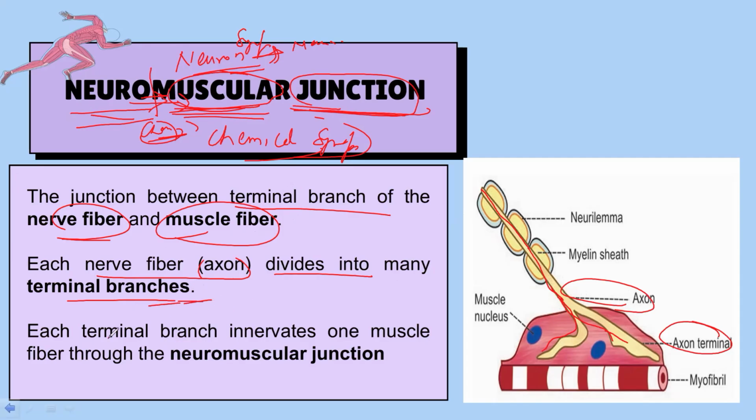And these terminal branches innervate one muscle fiber or muscle cells through this neuromuscular junction. This one is the muscle cell, and these axon terminals are embedded into this muscle cell and forming a connection which is called neuromuscular junction.